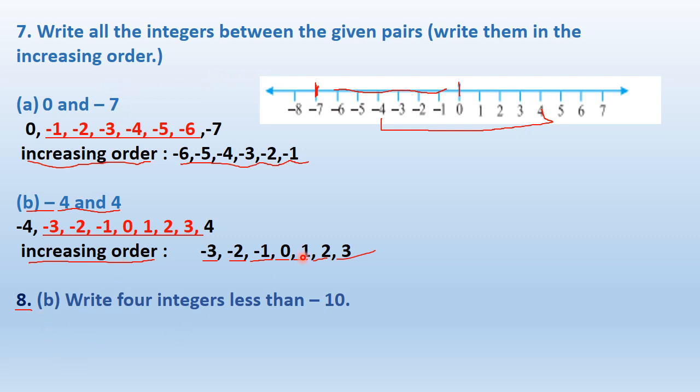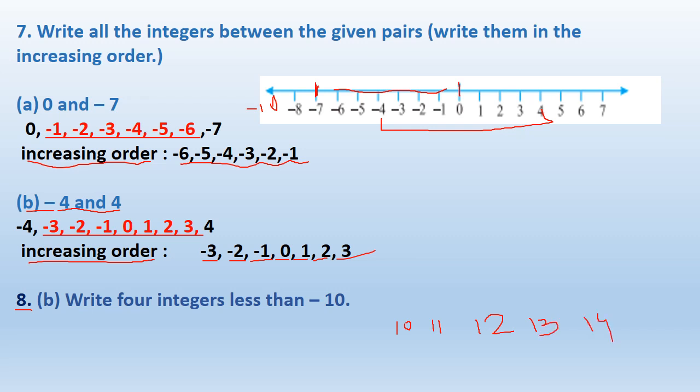So if I see the number line, I'll get minus 10 somewhere here. First I'll write 10, then after 10, 11, then 12, then 13, then 14.